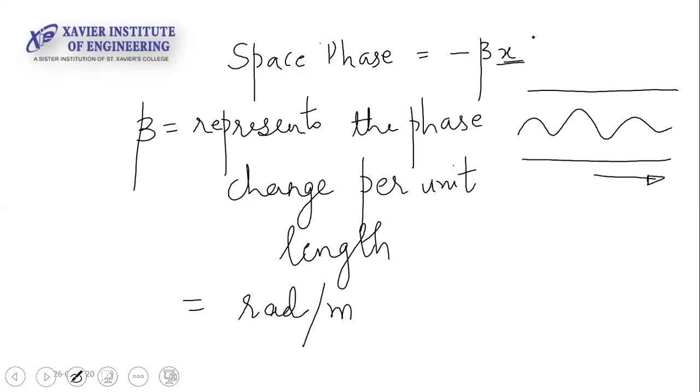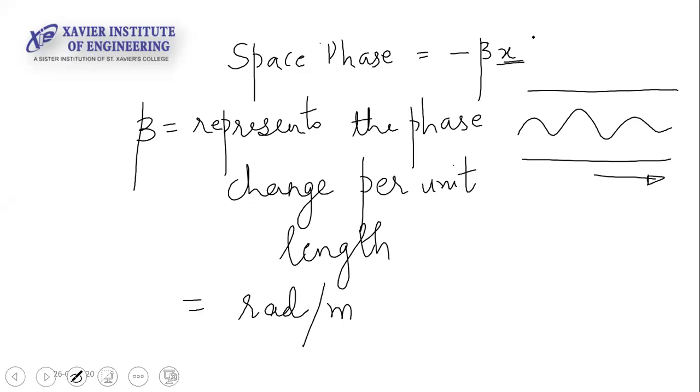Whenever the phase changes in wave motion, that distance is called the wavelength, which means that this phase constant beta that I am showing you is related to the wavelength of the wave inside the transmission line. I hope that is clear.